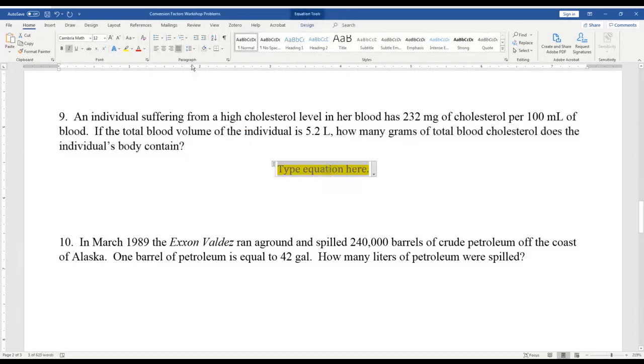Well, how much is in the entire individual's body? That would be the total blood volume, right? So yeah, 5.2 liters. So you were absolutely right, Saffron. Good job.